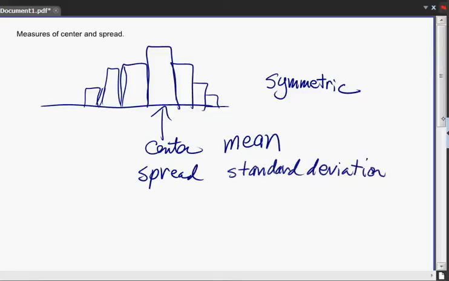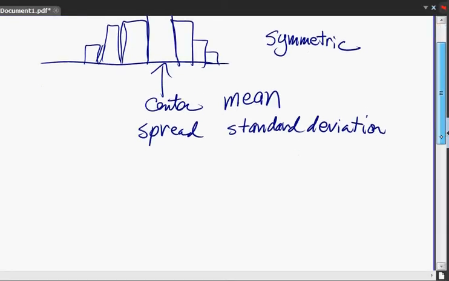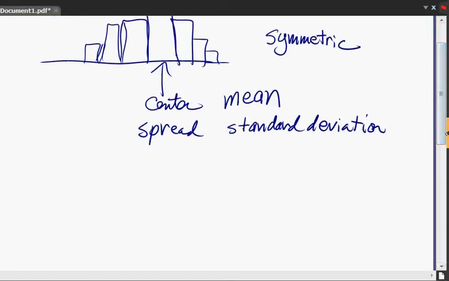Now, you've heard the word mean before, and you probably have an oral definition of mean, but you maybe have never seen a formula for mean. So when I say that I'm looking for the mean of a certain data set, what do I do?